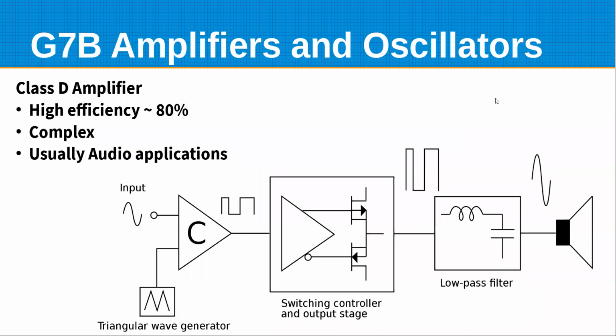And then the Class D, which I said you're going to take the input waveform, sample it, come out with this pulse width square wave, which you step up to much higher voltages or currents, and then filter it back to a sine wave. So depending on how fast you sample it, what kind of filtering you have will determine how much distortion you get.